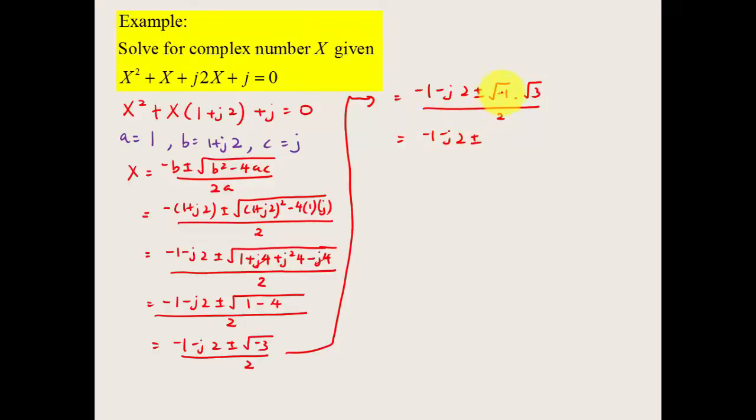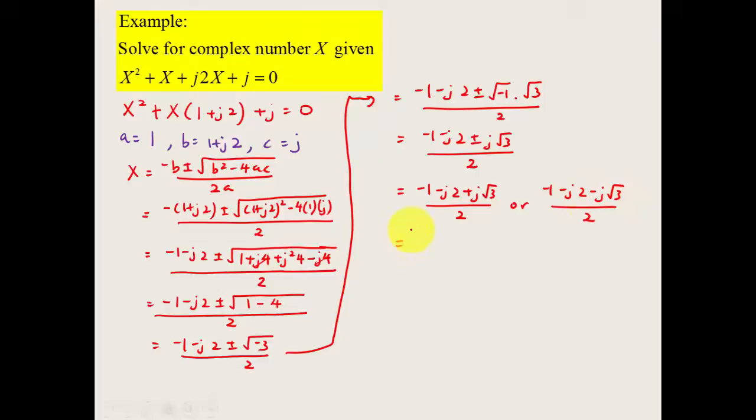And now that we learned complex numbers, we know square root of negative 1 is just j. So I have two possible answers. The first answer is negative 1, negative j2 plus j square root 3 over 2, or negative 1, negative j2 minus j square root 3 over 2.